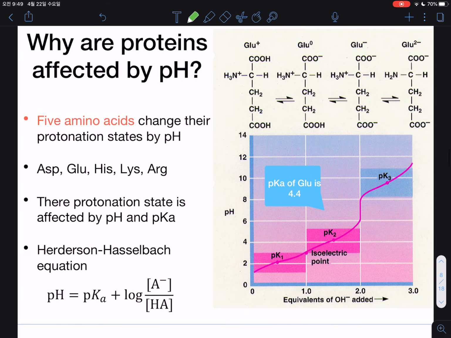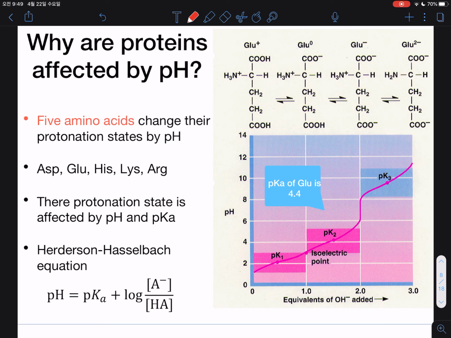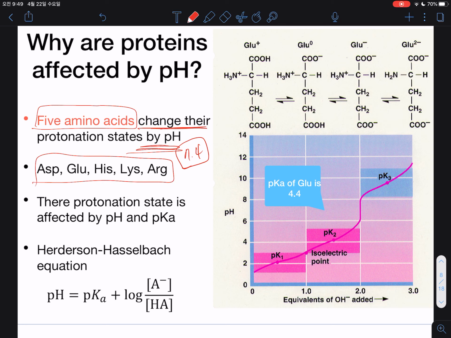Then why are proteins affected? One thing we should talk about is why proteins are affected by pH. As we mentioned, there are 5 amino acids which are assumed to be charged at ambient pH, at pH 7.4, but actually their charge states can be changed by environmental pH.